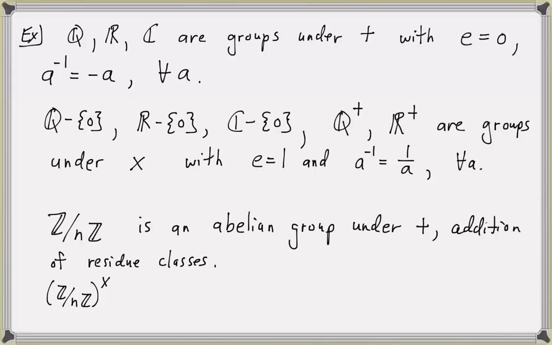The set of equivalence classes which have multiplicative inverses mod n is also an abelian group, but it's an abelian group under multiplication.